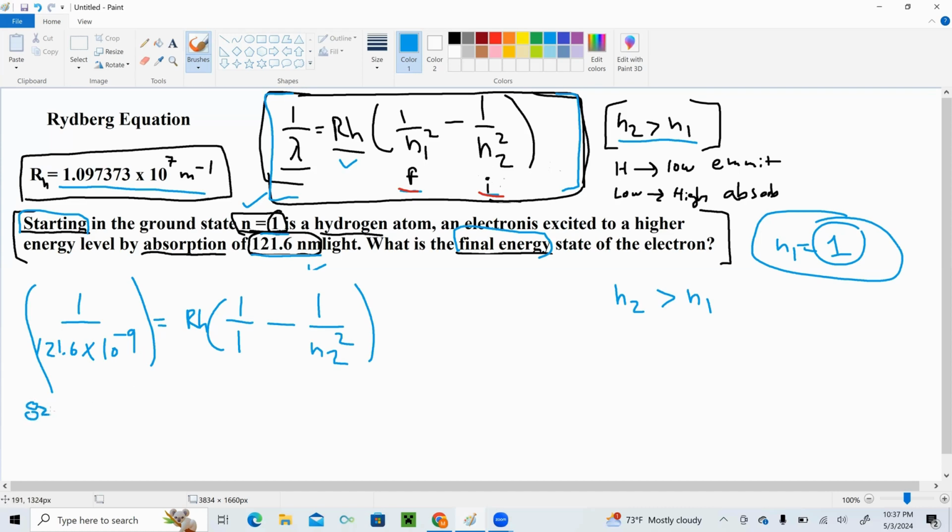I got 8,223,684.211. I'm just showing the whole steps so you can practice with your calculator as well. This equals R_H times 1 over 1 squared minus 1 over n2 squared.